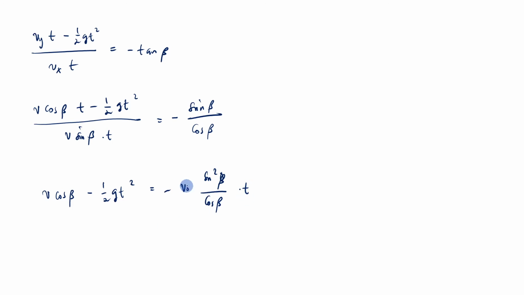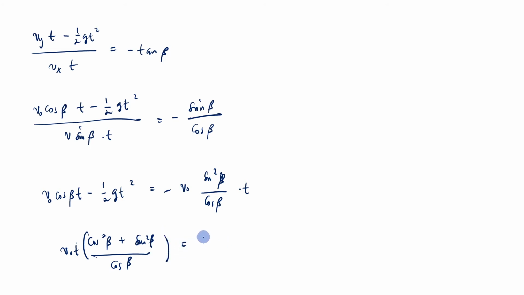We can factor out the V. Sorry, okay, this is the V0. Okay, V0, and we can get V0 t in the bracket cos square beta, of course, by the same denominator, sin beta square. The denominator is cos beta.